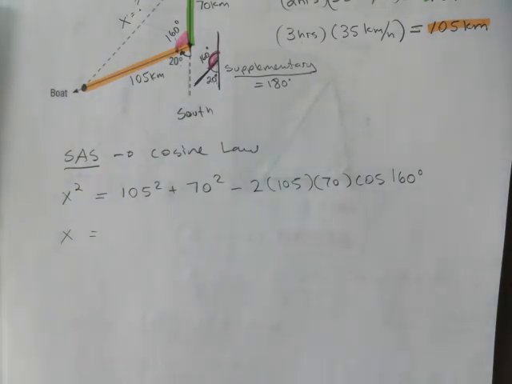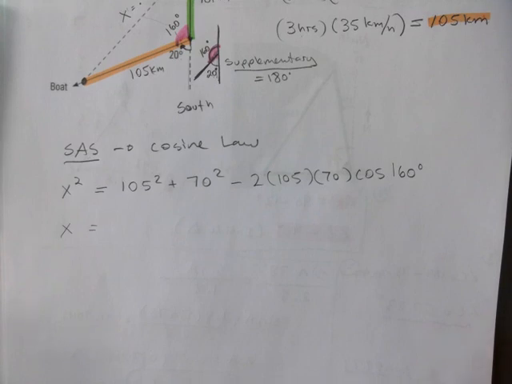It should definitely be more than 105 and more than 70, right? Because it's an obtuse angle there. Let's see what you get. How would you even show your work?